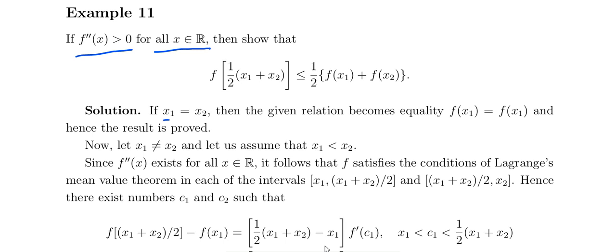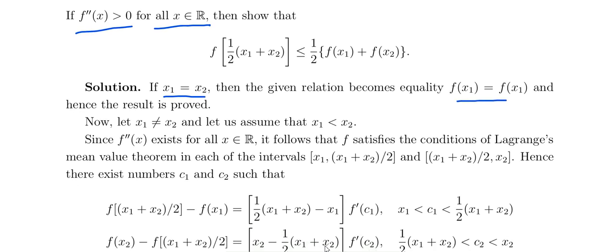Take x1 equal to x2. The given relation becomes f of x1 equal to f of x1, since the 2 cancels. So the result is true.